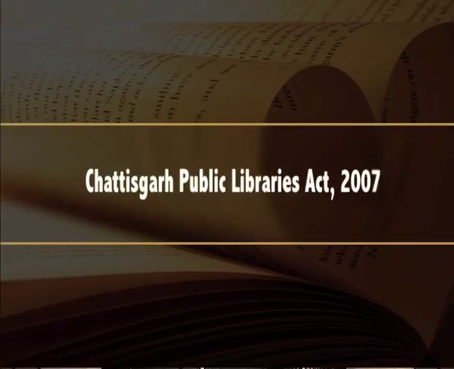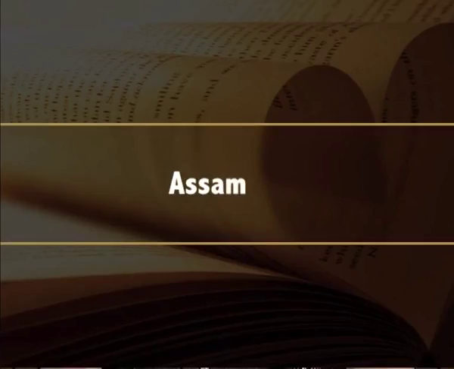Chhattisgarh Public Libraries Act 2007. Public library legislation was also enacted in this state as that of Bihar in 2007. Assam. Library development in Assam started after 1947, but it was disturbed by the geopolitical changes in Assam.